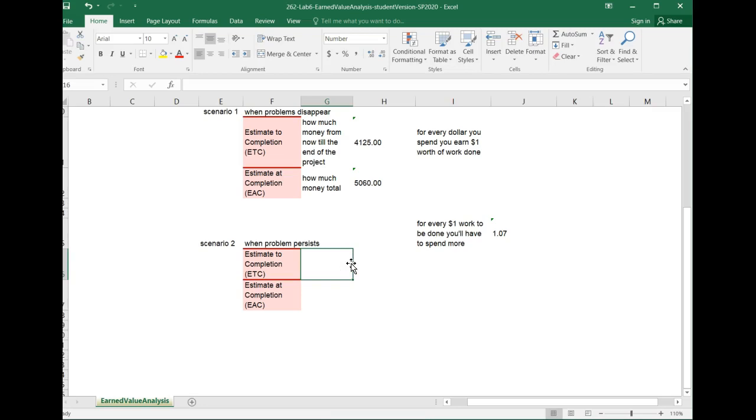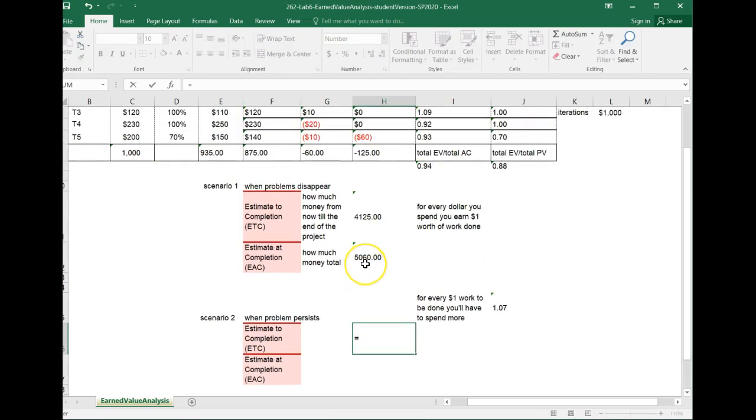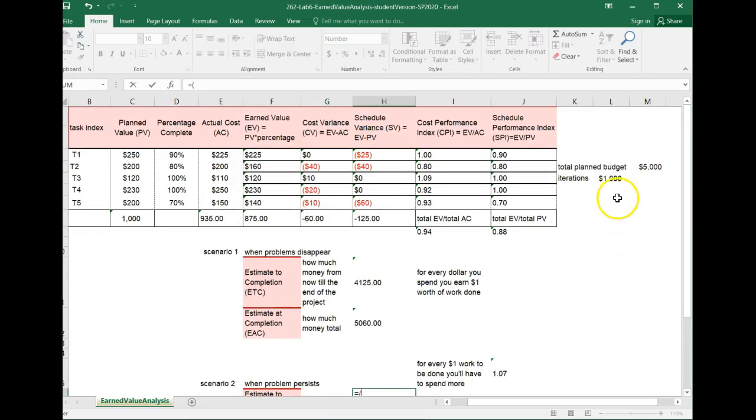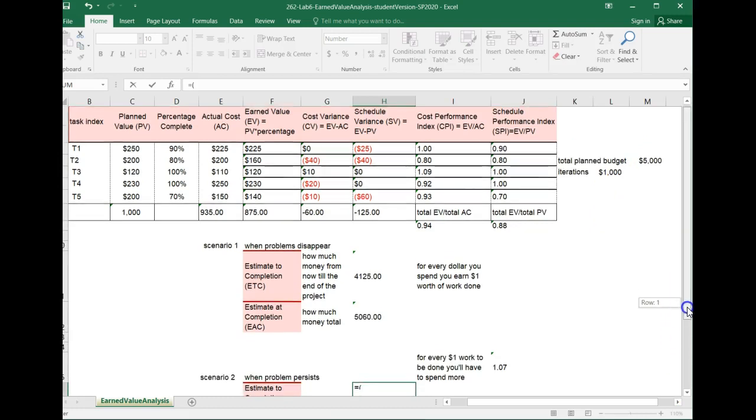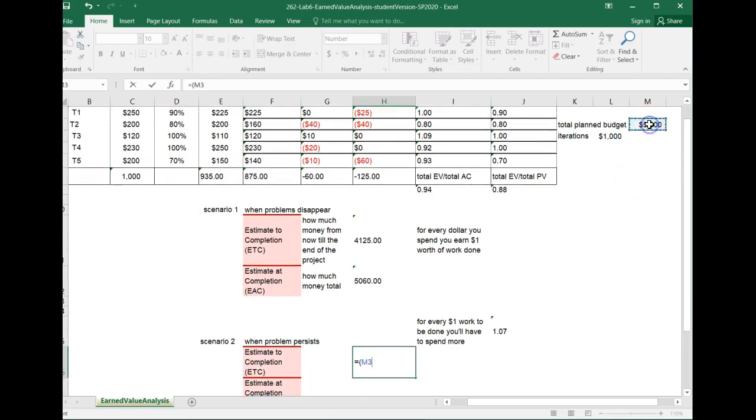So when I look at how much value is left to be accomplished, this is a $5,000 project and I've achieved 875. This much is left, but for this much to be done, I need to spend this much. For every dollar that's left, I need to spend $1.07.